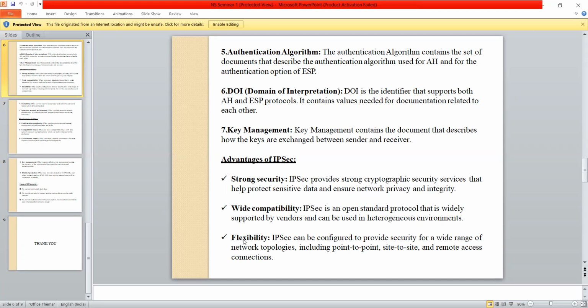Flexibility: IP security is a flexible security protocol. It can be configured to provide security for a wide range of network topologies, including point-to-point, site-to-site, and remote access connections. These advantages are similar to the features of IP security.